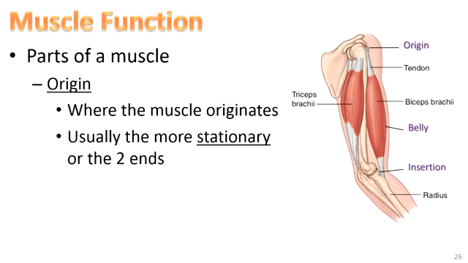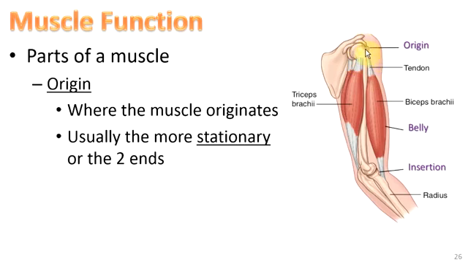So it's usually the more stationary of the two ends. And so if we're looking at the biceps brachii here, which we usually just call the biceps, you can see that the origin is up here toward the shoulder. Now, just so happens that this has two origins, but we'll not get hung up on that at this particular moment. But the origin would be up here toward the shoulder.